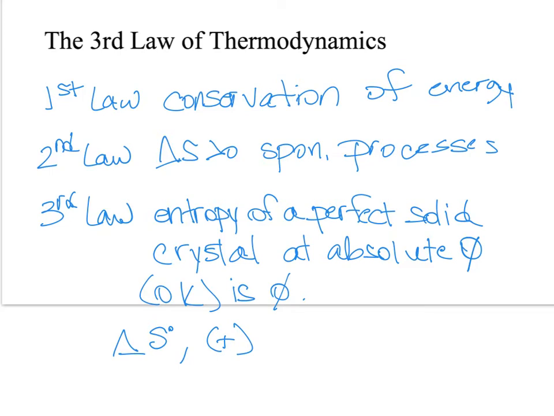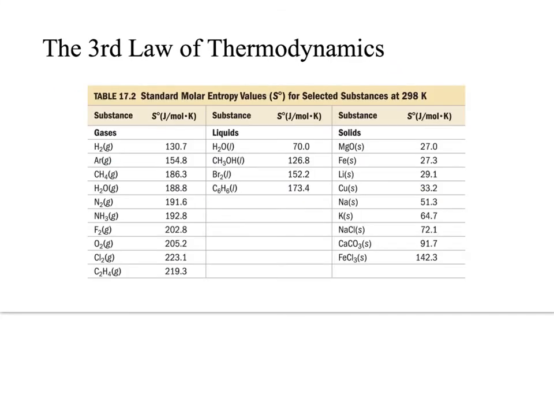We know the further that we get away from this solid crystal at low temperatures, if we go solid to liquid to gas in this direction, entropy will increase with each phase change and the complexity of the molecule. This chart shows the relationship between solids, liquids, and gases and their corresponding entropy values. If you look at our simple solids, iron, which is a single element, has an entropy of 27.3 joules per mole Kelvin.